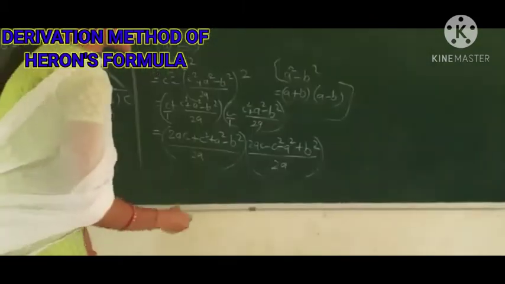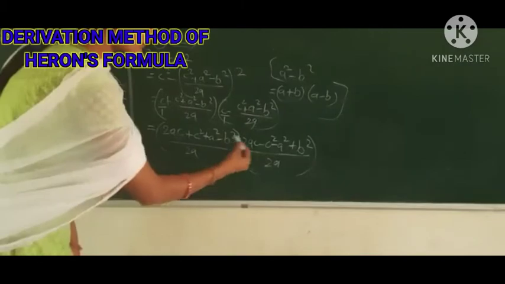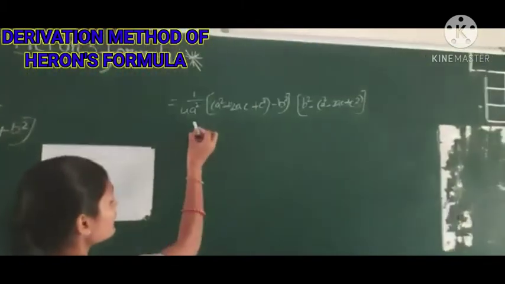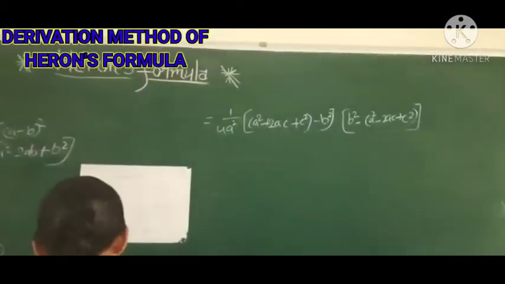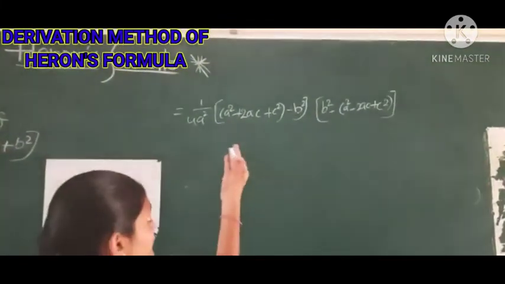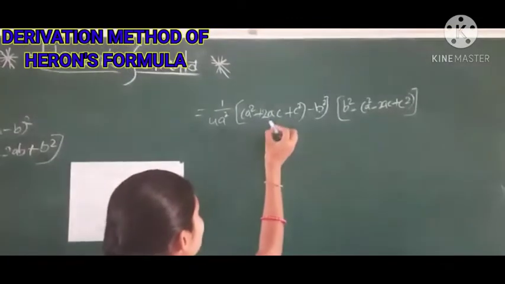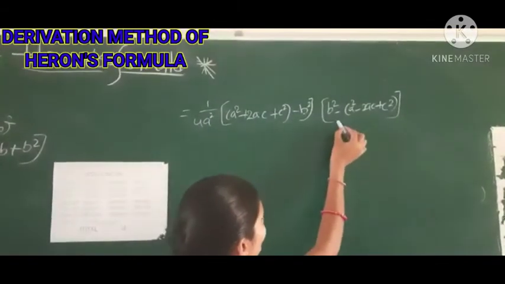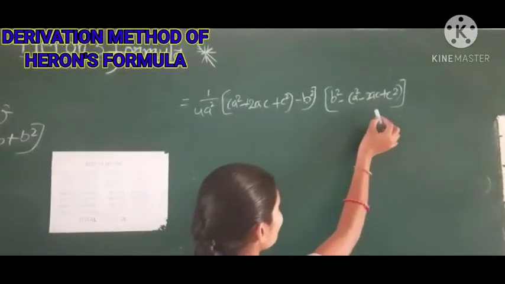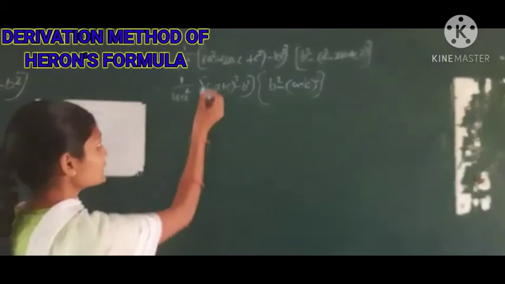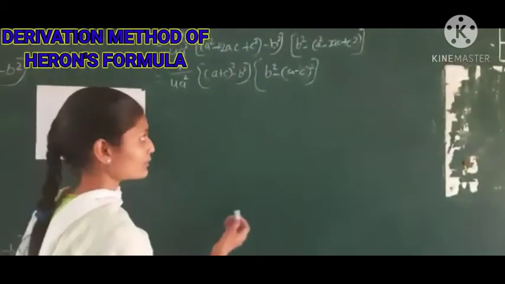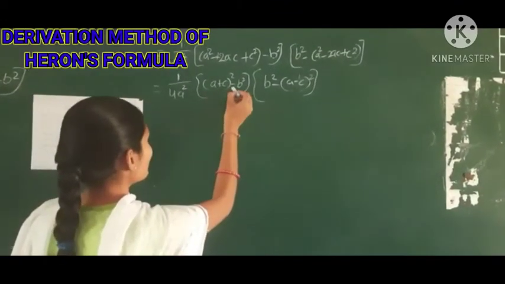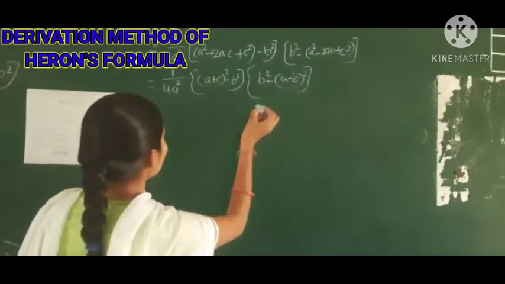Now here we multiply the denominators 2a into 2a, we get 1 by 4a square, and we write these values in this way: a square plus 2ac plus c square minus b square, and b square minus a square plus 2ac minus c square. It is clearly of the form (a plus c) whole square and (a minus c) whole square.